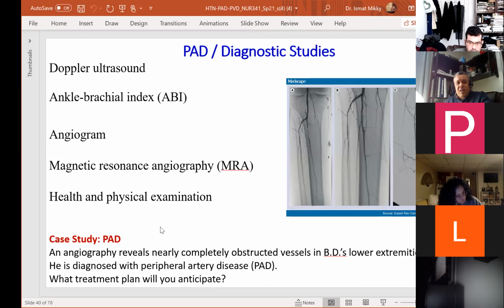That healing would be delayed, or worse, it could lead to non-healing ulcers. But delayed healing, yes, because of decreased perfusion.